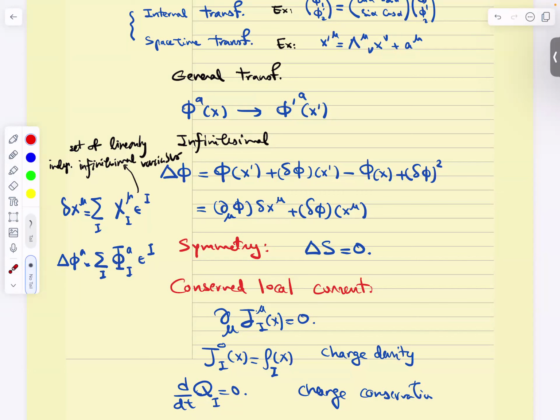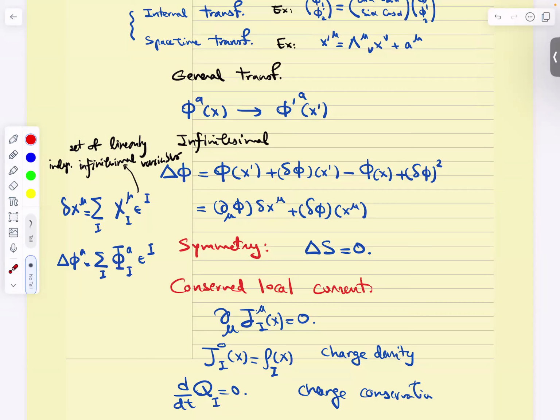In general, for a variation in space-time coordinates, we're going to use the notation delta x mu. For a variation of the field, we're going to use the notation delta phi.